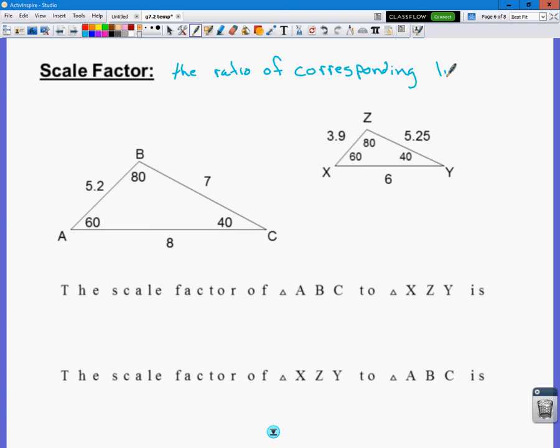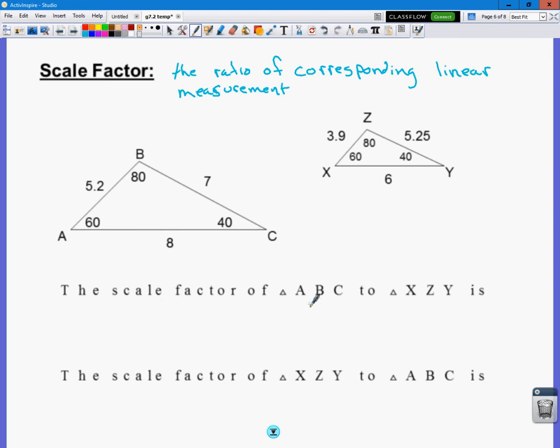And it's technically corresponding linear measurement. The reason it says linear is we are talking about the sides, not the angles, because the angles are all congruent in the first place.